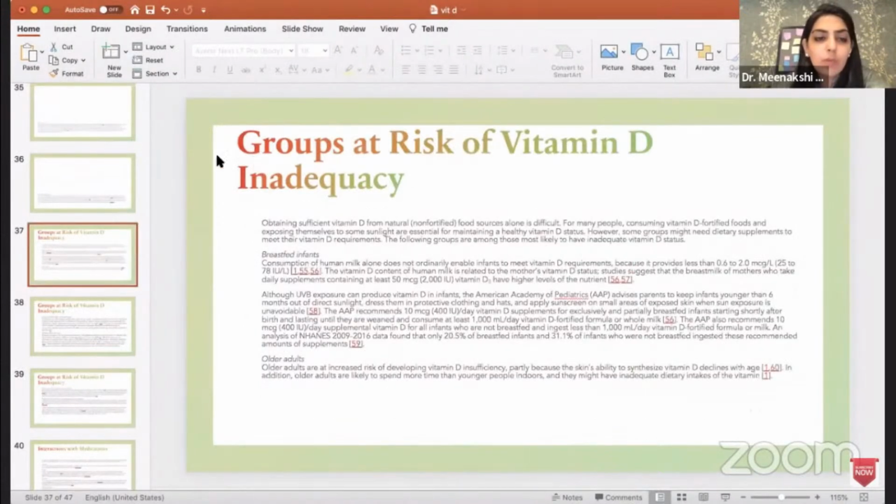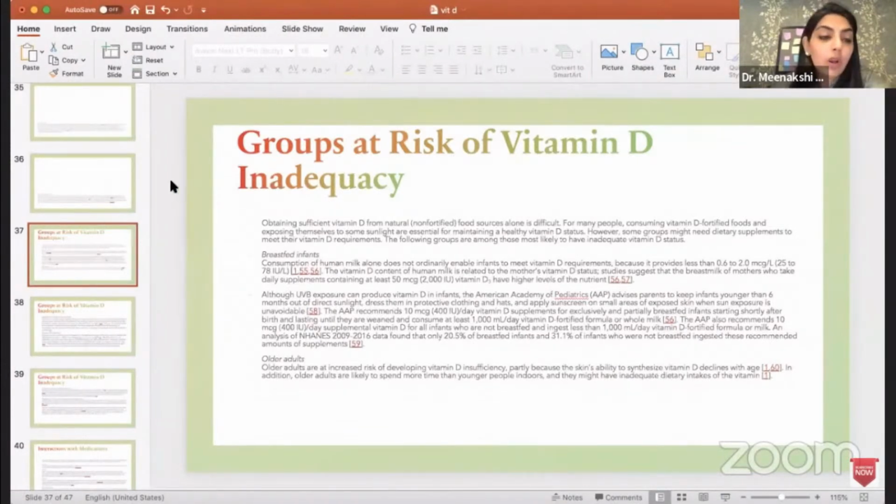Okay, so breastfed infants are also susceptible. Besides that, older adults are at increased risk of developing vitamin D insufficiency, partly because the skin's ability to synthesize vitamin D declines with age.